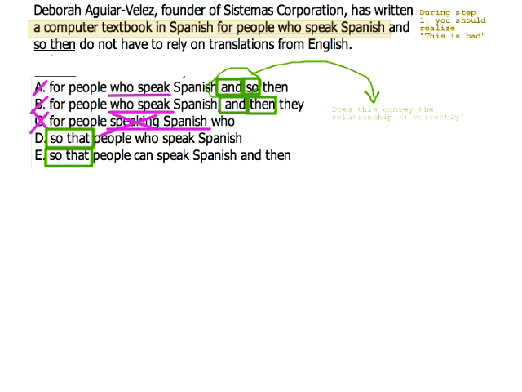So what this says basically is she has written the book, and so people who speak Spanish, and so those people, like they, right, so people who speak Spanish do not have to rely on translations from English.